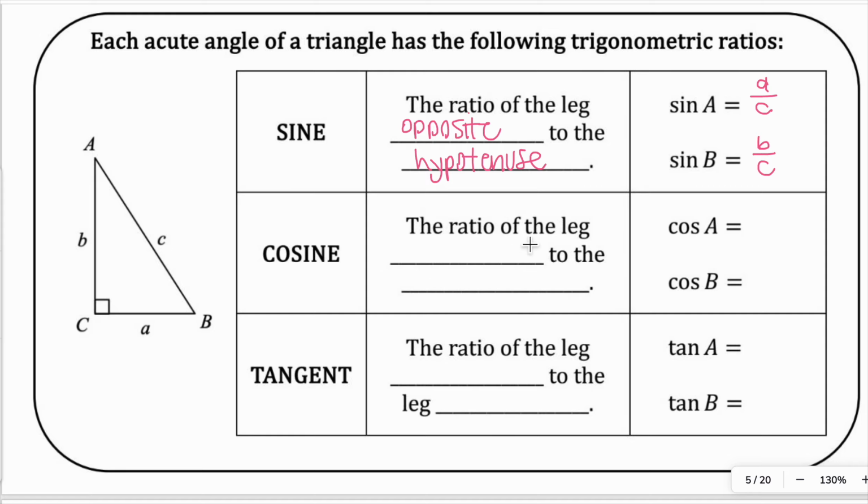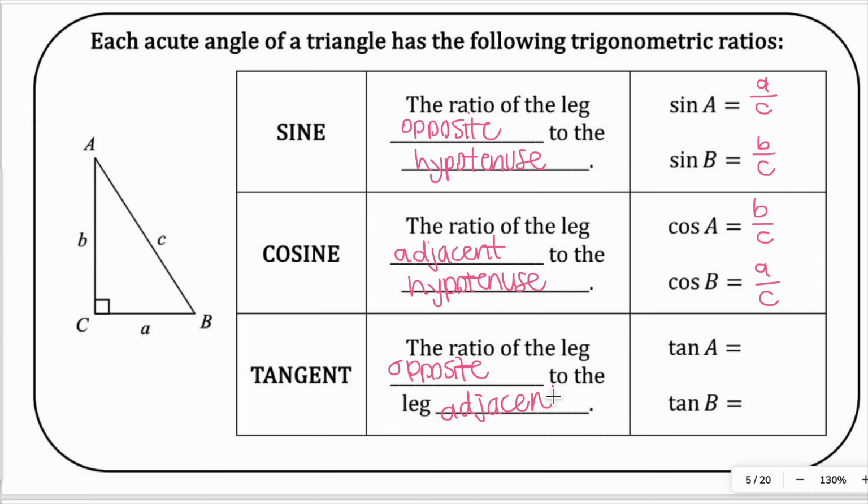Okay, cosine is the ratio of the leg adjacent to the hypotenuse. So if I'm looking at angle A, adjacent to angle A is letter B, and the hypotenuse is C. For the cosine of B, adjacent is letter A to the hypotenuse, letter C. And then tangent is the ratio of the leg opposite to the leg adjacent.